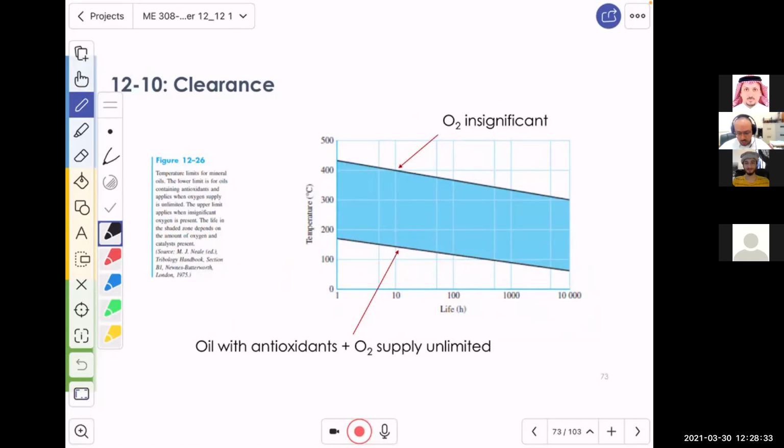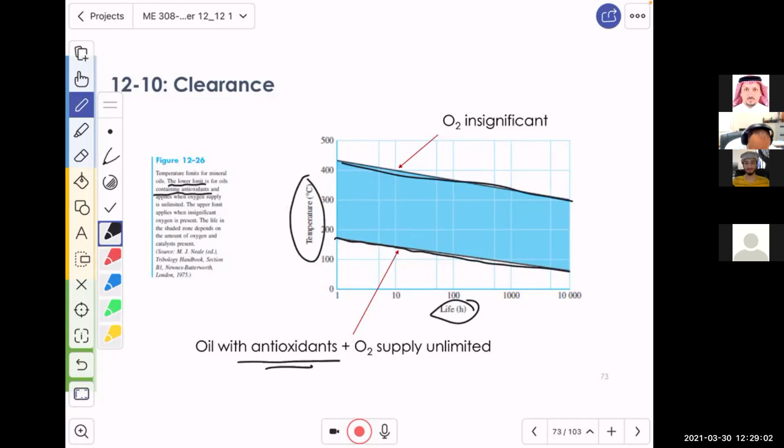And in some situations, look, this is a diagram putting two bounds with respect to life in hours and temperature for a set of oils, where the lower limit is for an oil containing antioxidant, and when oxygen supply is unlimited.